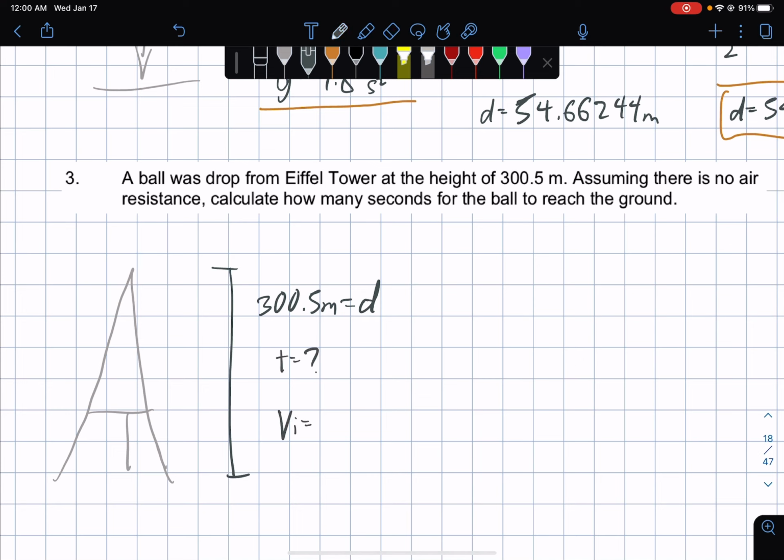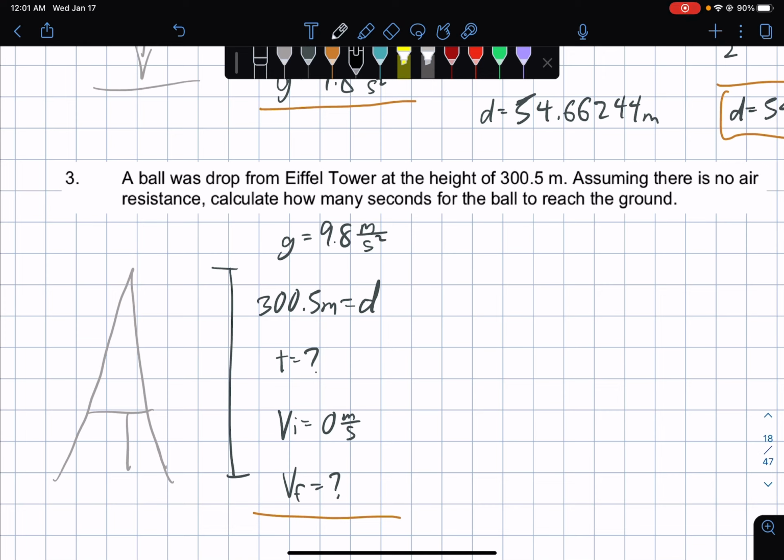Vi is equal to 0 meters per second again, and Vf is also missing. D is equal to Vit. No. Oh yeah, I almost forgot. We have gravity. That's always going to be a constant. It's not exactly given, but in terms of falling object problems, that's always a given.